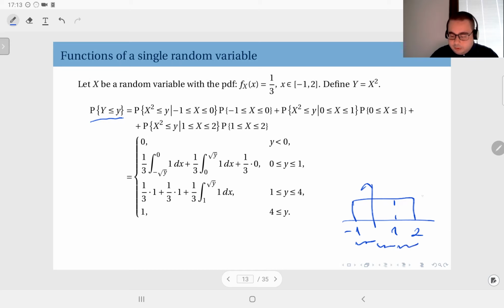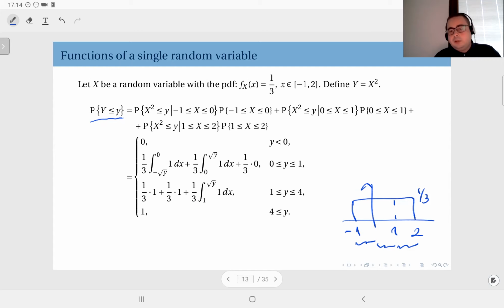You see, this is the PDF, and the PDF value is 1 over 3 throughout. But when you condition x on each of these regions, since the PDF is flat, the probability that x falls within each of these three regions is equal, because this is a uniform distribution. So each of them has 1 over 3 probability.